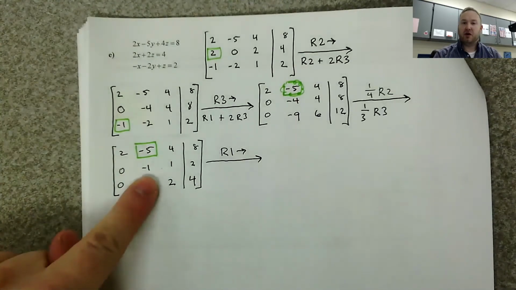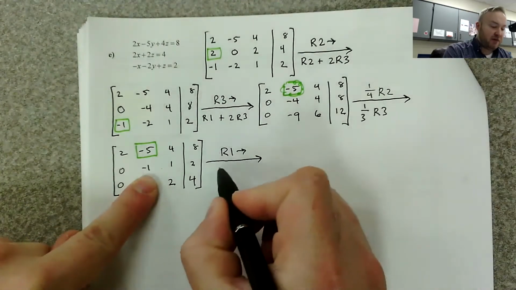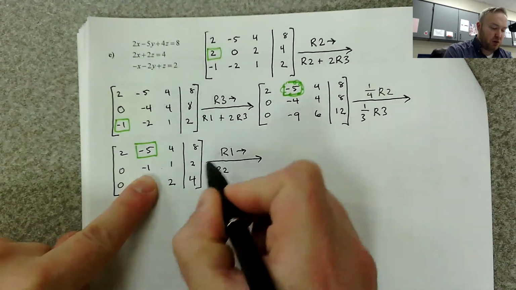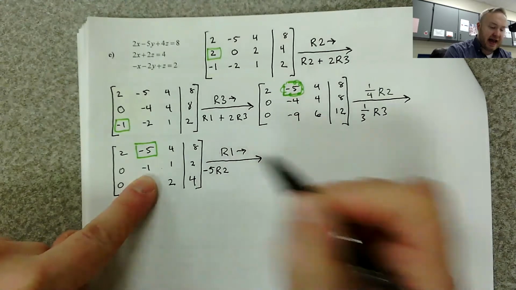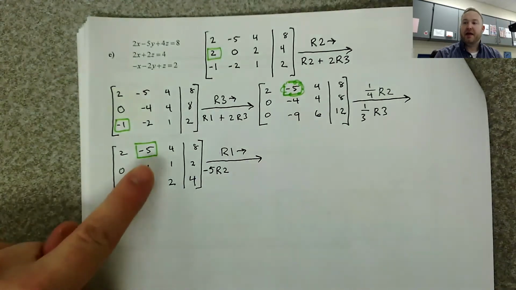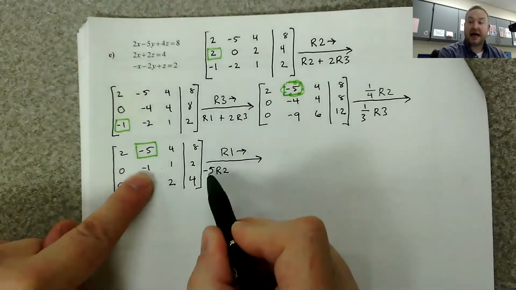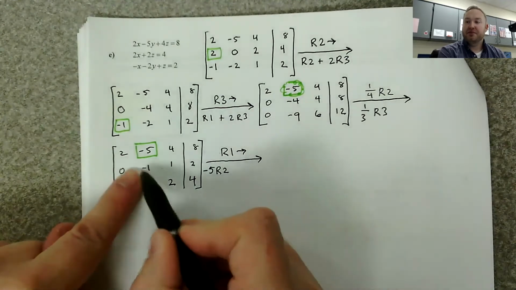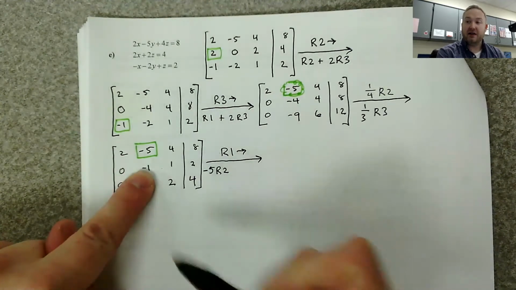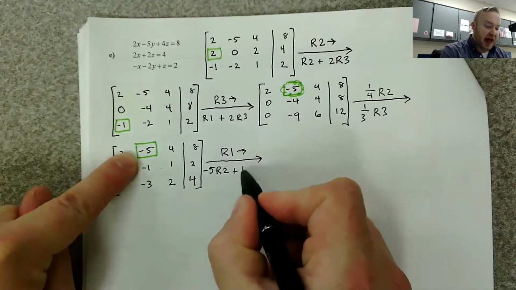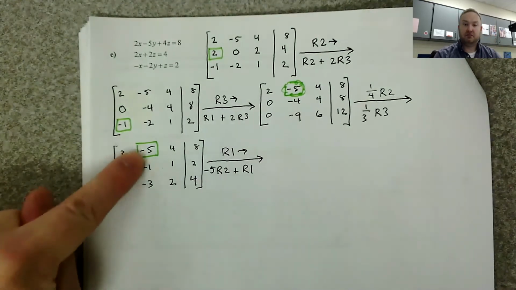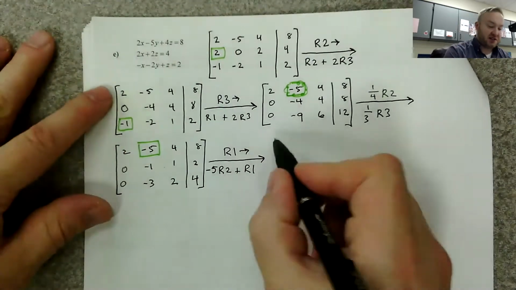Look at that second row there. I've got a -1. What if I take the number in the second row and multiply it by -5? This -1 times a -5, this will become +5. I can then add that to the number above it, the -5, to create my 0.